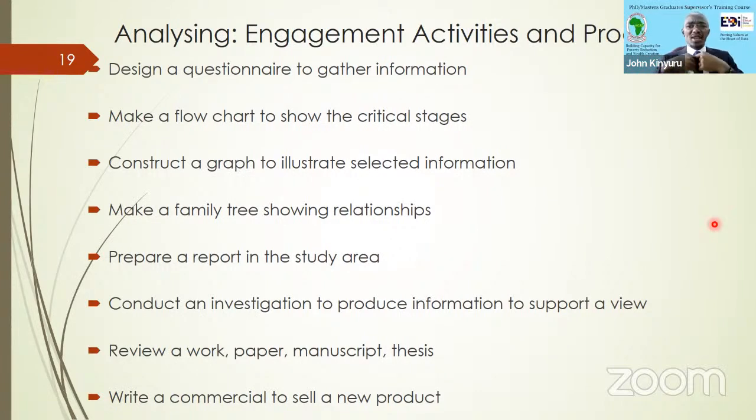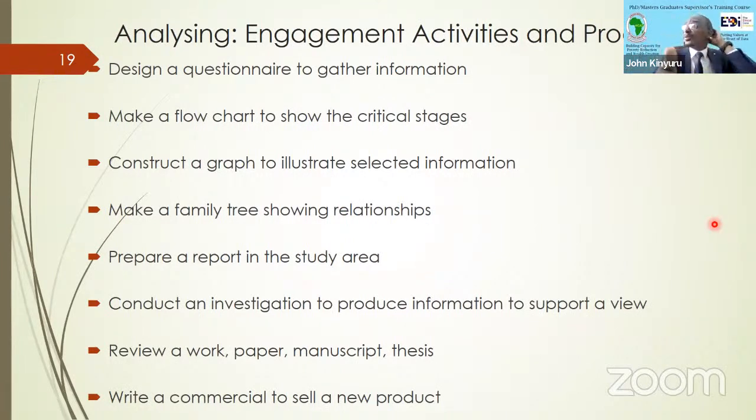You want them to make flow charts to show critical stages, prepare reports, review works, papers and manuscripts, and this is where you tell them to do a literature review, because that helps them to analyze different situations and issues.